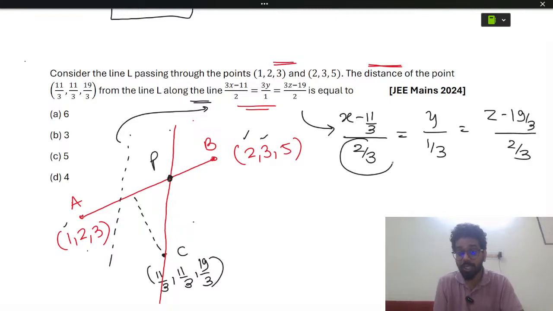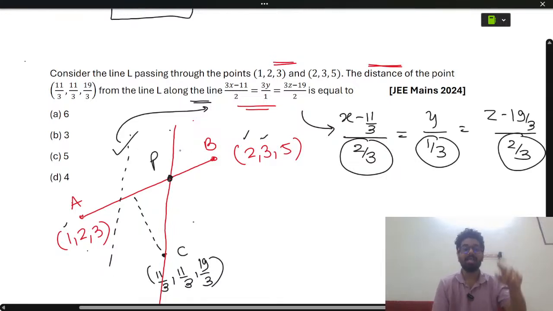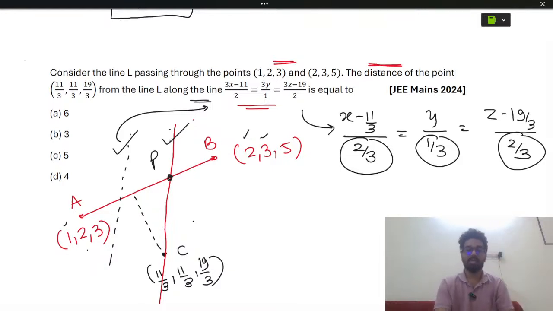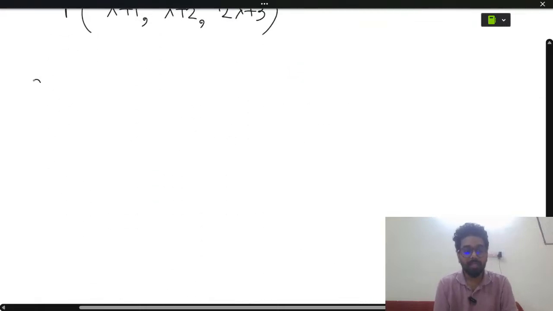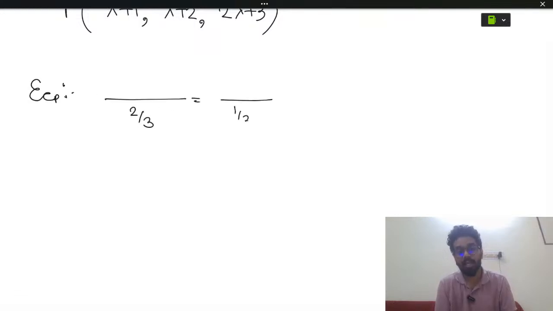So the direction ratio of this line is important. The direction ratio of this line and the direction ratio of line CP are the same. So the equation of CP I will write down: it has the same direction ratio 2 by 3, 1 by 3, 2 by 3.